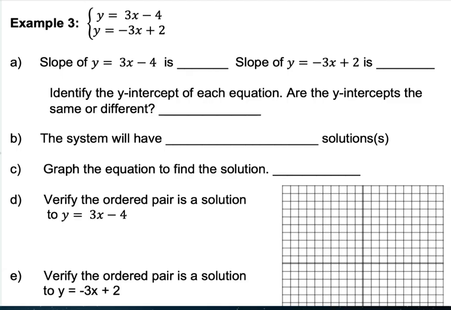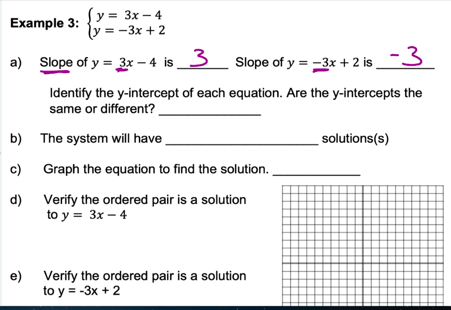All right, so we're going to put this to use for two problems real quick. So we have two equations, y equals 3x minus 4 and y equals negative 3x plus 2. So we're going to identify some key information. So first we want the slope of each of them. Well, the slope of the first one is 3. The slope of the second one is negative 3.